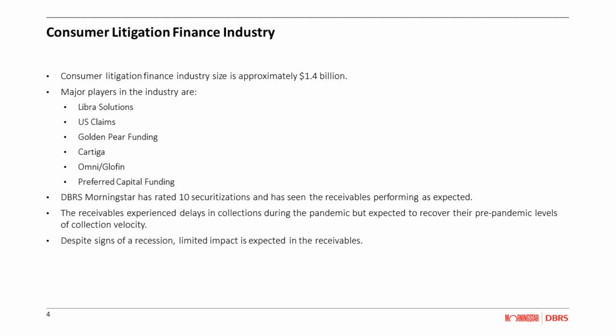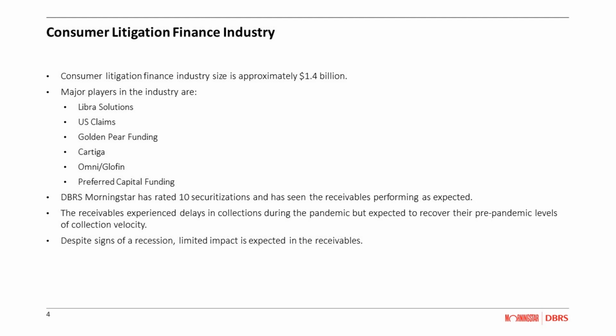And DBRS Morningstar has rated securitizations for two of the major originators, Libra Solutions and US Claims. And there are other major players in the industry, and they are Golden Pear Funding, Cortiga, Omni Glofin, and Preferred Capital Funding. And most of these companies have originated more than $100 million worth of litigation finance receivables to date.